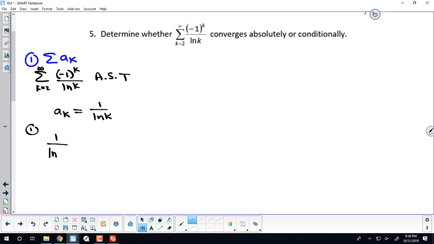So it's 1 over the natural log of k plus 1 in relation to 1 over the natural log of k. Well, the natural log of k plus 1 is larger than the natural log of k. So we'll say that since... and really that's enough justification for that. If you want to do the derivative and stuff, that's perfectly fine too. There's nothing wrong with that.